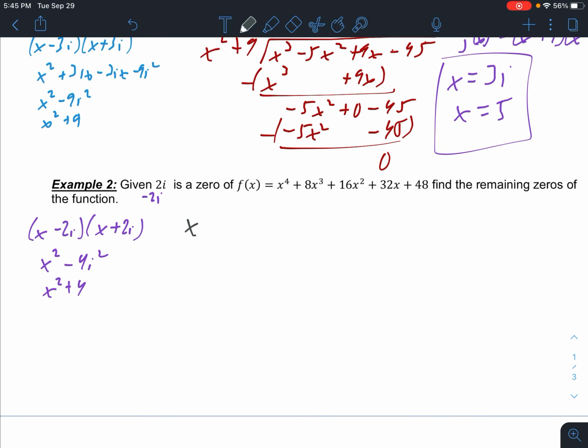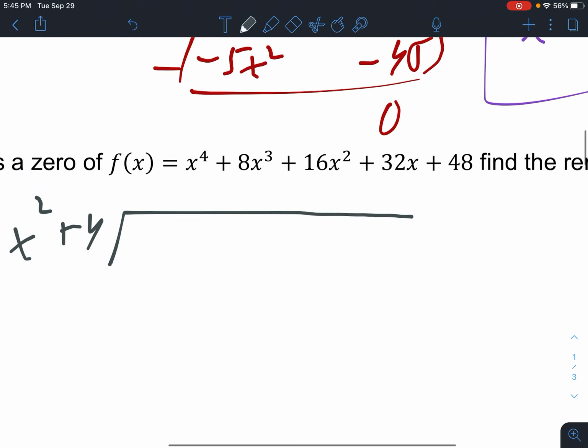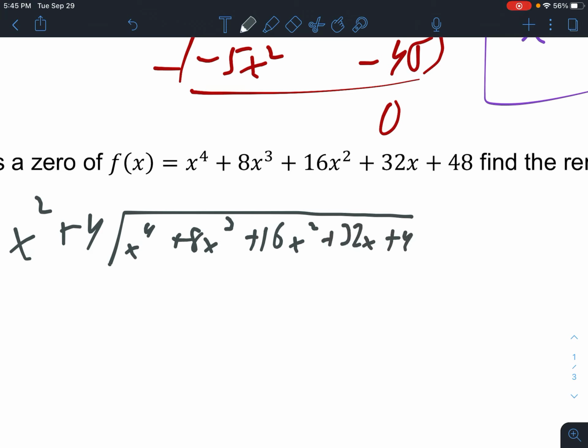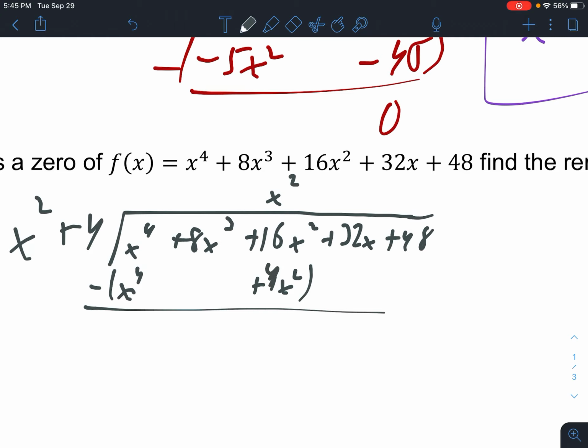So using long division, remember this should be 0 because we know it's a factor. x to the fourth divided by x squared is x squared. Multiplying, subtracting, we get 8x cubed plus 12x squared, and then bring down the 32x and 48.